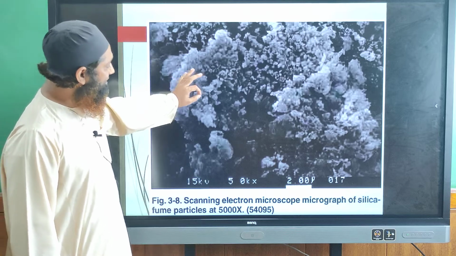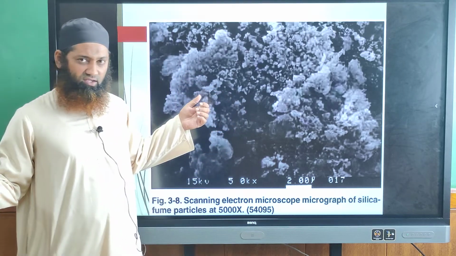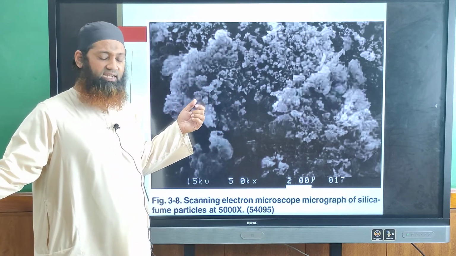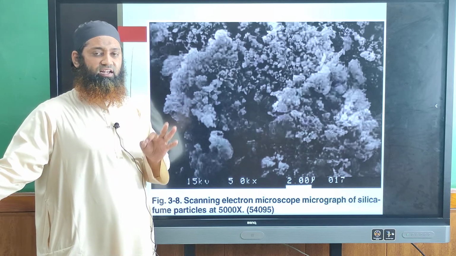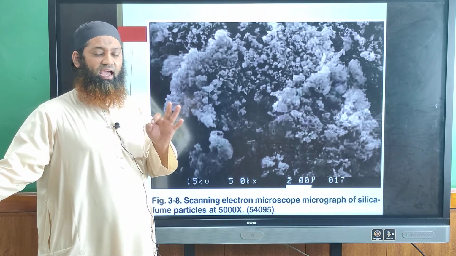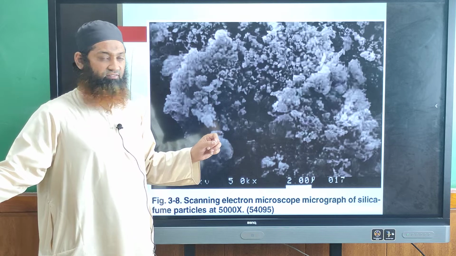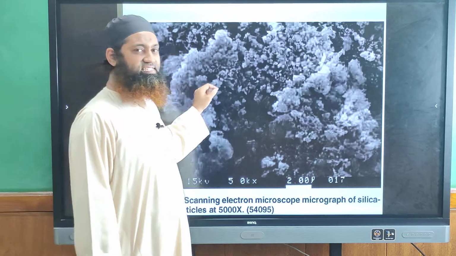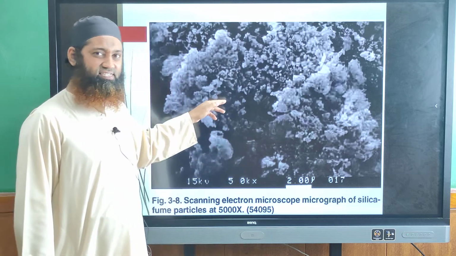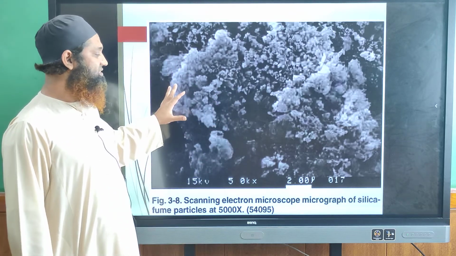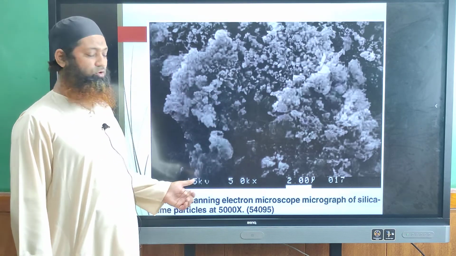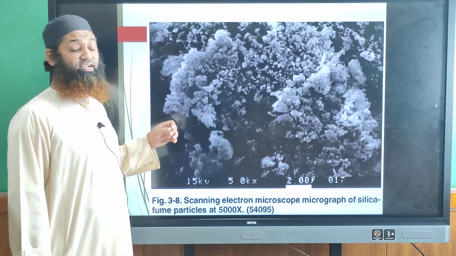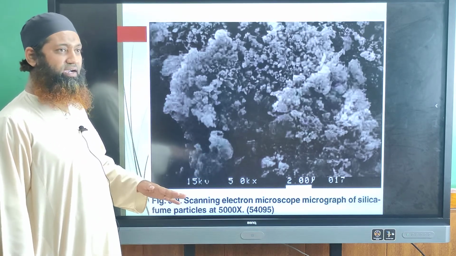I hope you can remember in the previous slide the particles in fly ash were spherical and hollow from inside, whereas here it is so fine you can't even see the spherical shape, even with a high intensity micrograph. So it is a very fine particle, which is very good.